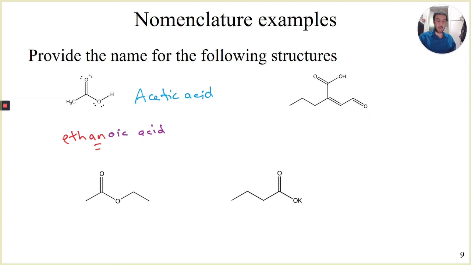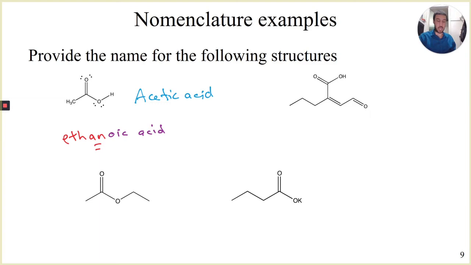It's just not going to happen. The same thing is going to go for a lot of these other structures that have common names. So be aware of that. You are not officially responsible for common names. If I use common names, particularly on an exam, I do also try to provide the structure so that you don't have to know the naming, which is a whole other can of worms. So what you are responsible for is being able to process through according to the IUPAC rules for how to name. Common names you're not responsible for.